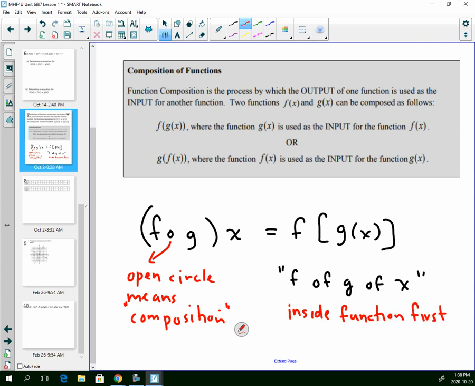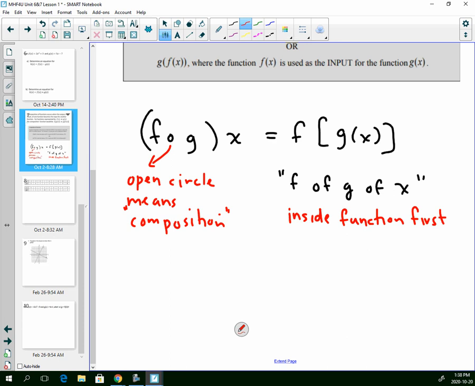So I'm going to take a value for x, I'm going to sub it into g of x, and that's going to give me a number, and then that number is then going to go into f of x, the outside function, to give me my final answer. Okay, so x is the input, produces an output, and then I will get a final result.